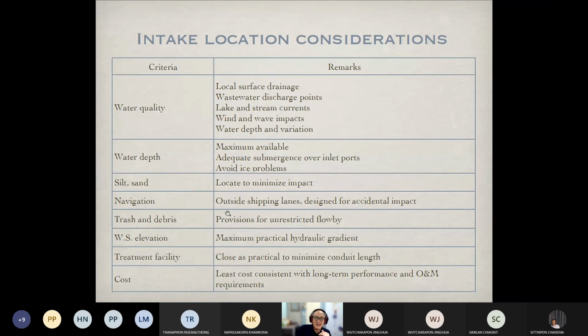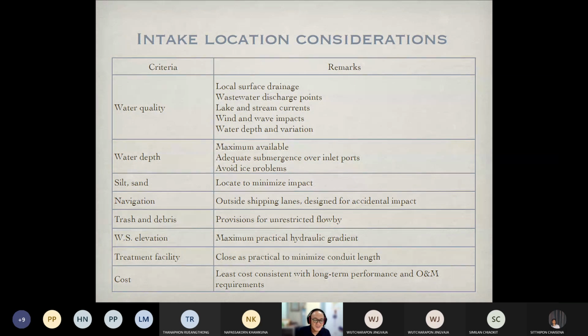And these are the location considerations. If we want to decide where to locate the intake facilities, we need to consider the water quality. We need to consider the water depth, silt and sand. The location should have very little impact from silt and sand.